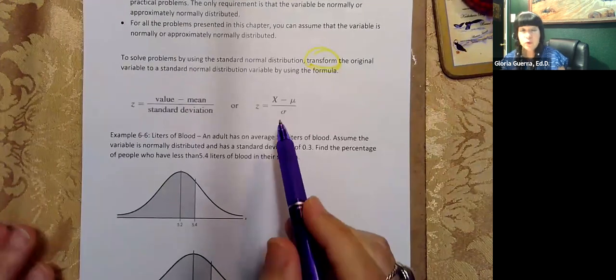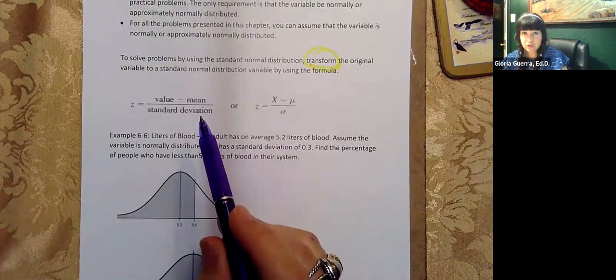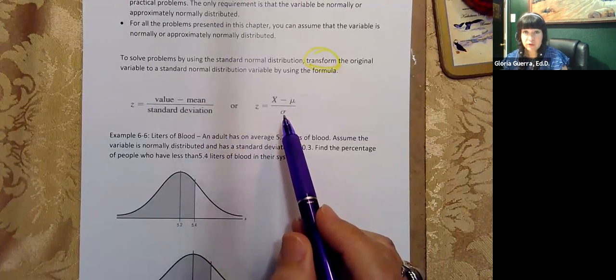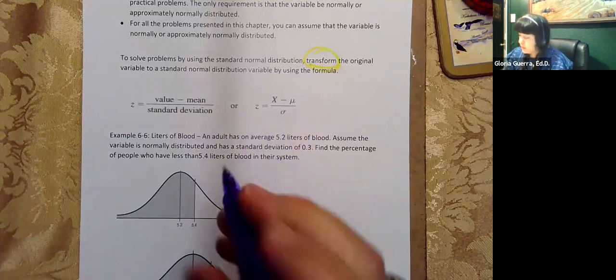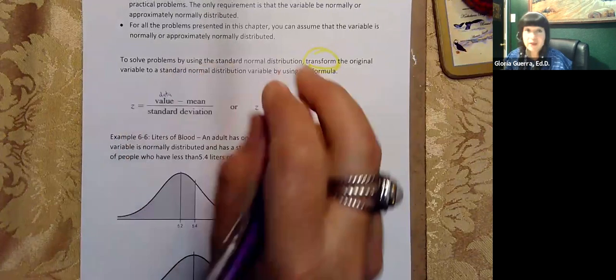Now, in chapter 3, they use the X bar for mean and S for standard deviation. Well, here we're using Greek letters: sigma for standard deviation, and mu for the mean. And the value, your data value, we're still calling x.